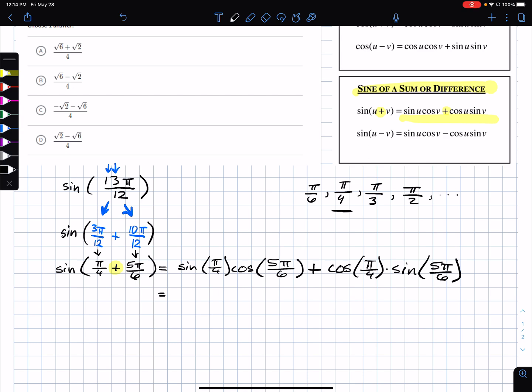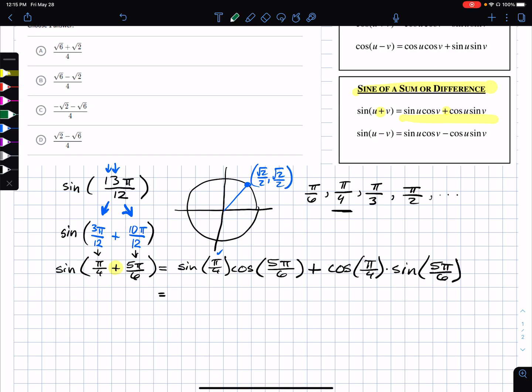so this is the point in time where we're going to access our unit circle and try to come up with these values. If you have that sitting in front of you, this is going to be easier. I'm just going to do a quick sketch here to point out where I'm getting these. The pi fourths that we see here is in the first quadrant, and the coordinates there are root 2 over 2, comma, root 2 over 2.